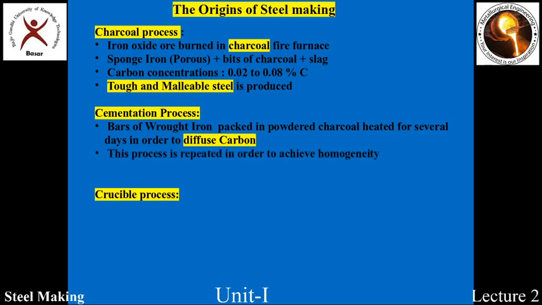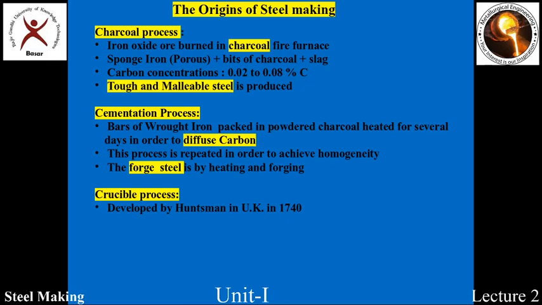This process was also part of the history of steel making. It is repeated because this homogenization process is also reported to achieve homogeneity in the entire microstructure and in terms of mechanical properties. Finally, the forged steel is produced. This particular steel is called forged steel, made by heating and forging continuously for 1 hour.